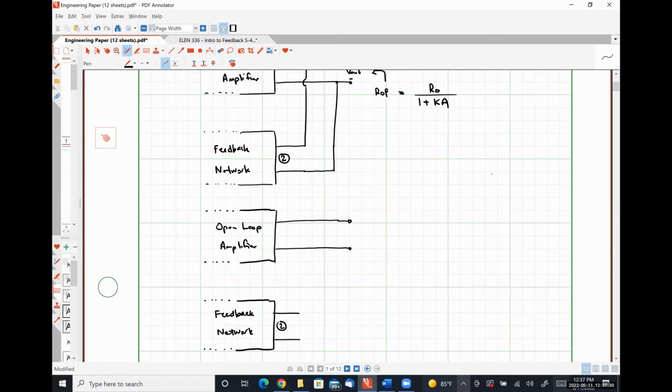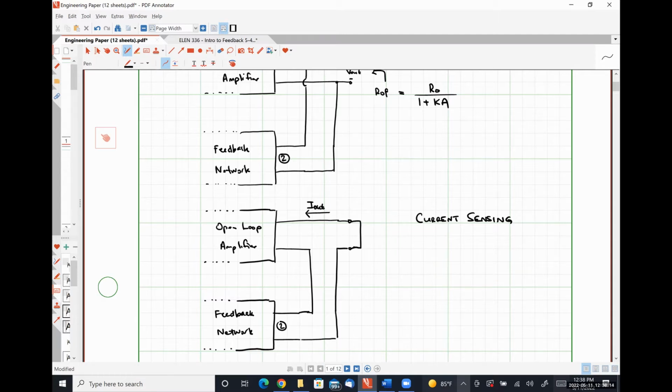And so in a current sensing configuration, we connect our feedback network in series. So what I'm going to do here is I'm just going to break this loop real quick, and I'm going to wire this guy up. So our feedback network is in series. I'm going to short circuit my output terminals, and we are going to define our output current, I out.